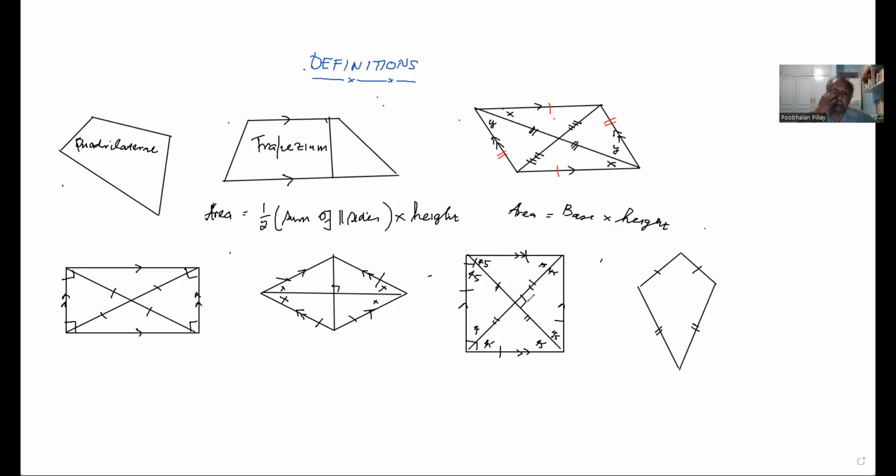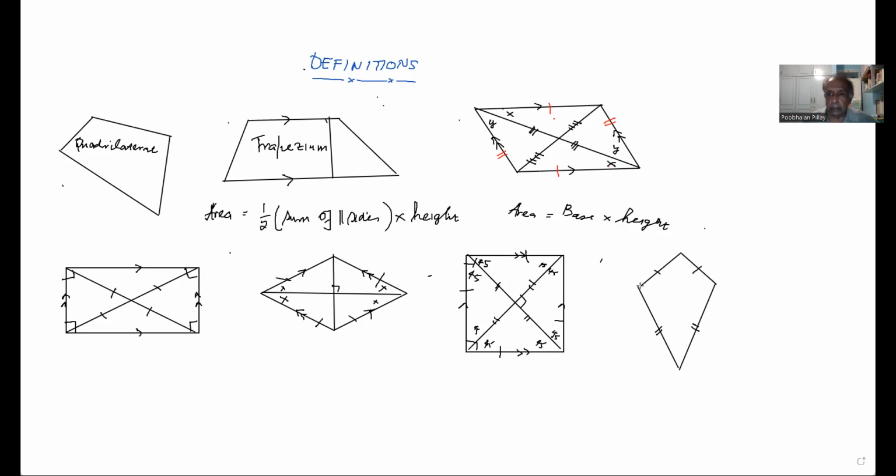Now, before we go on, the kite: the only important thing about a kite is that one diagonal bisects the other. You don't have each diagonal bisecting the other one.